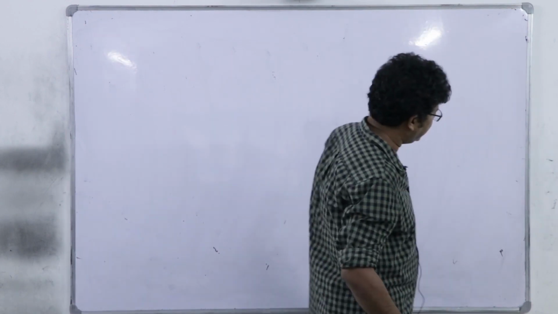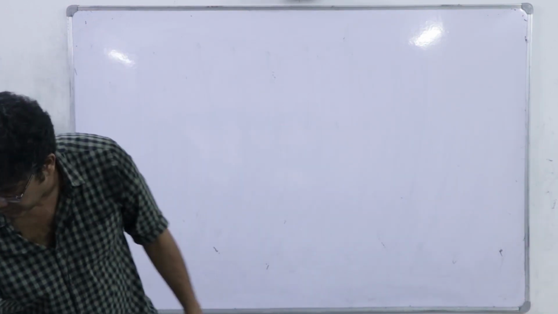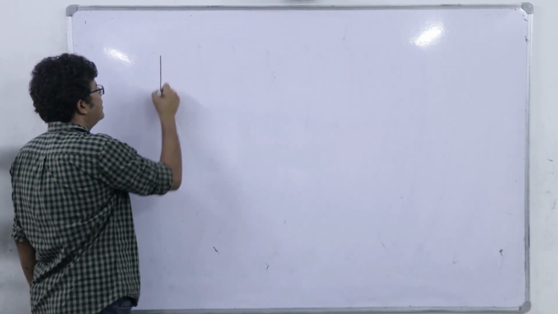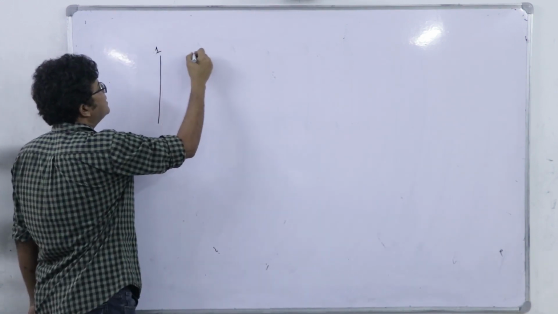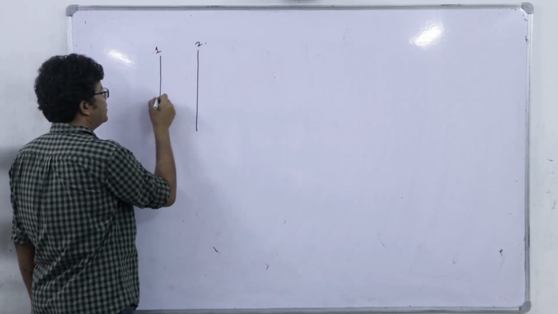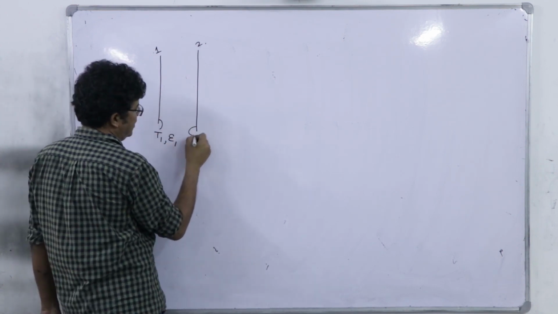So, simply what we can do, I will put a third surface and they are gray surfaces. Okay. So, you see surface 1 and then surface 2. This is at temperature T1, emissivity epsilon 1.